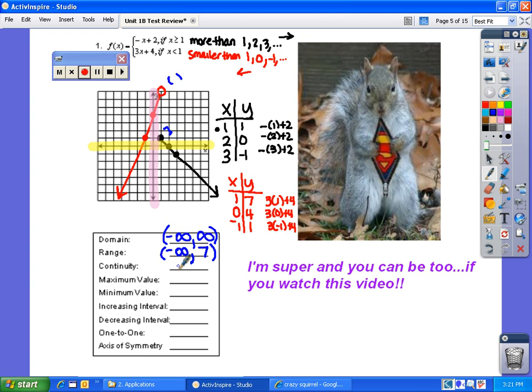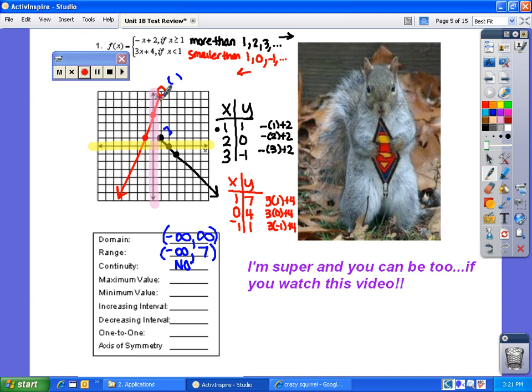So continuity? No. Because of this break going from here to here. Maximum value? Well, normally we would think it's 7, but what's happening is this graph is going up, up, up, up, and it's getting closer and closer and closer, and then it stops here close to 7, but it doesn't actually stop at 7 because this is not a closed circle.